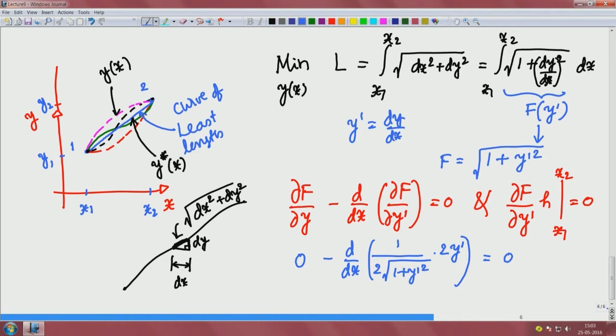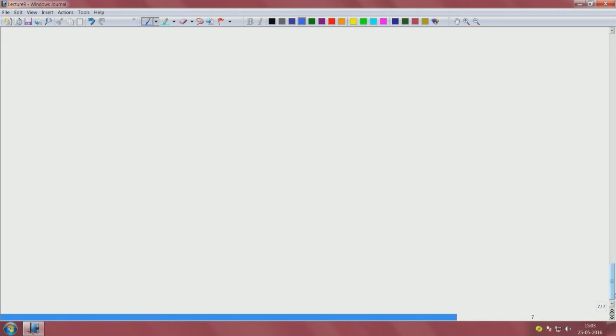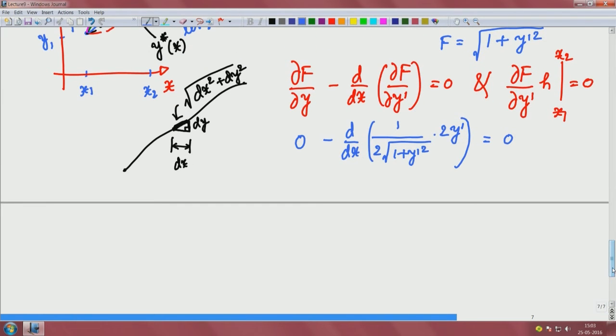Okay. Now, let us go there. So, what we got from here is d/dx with the minus sign that we can take off, it is equal to 0 anyway, and the 2 gets cancelled.